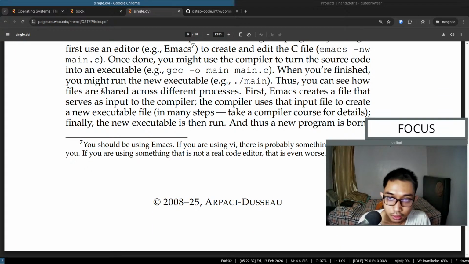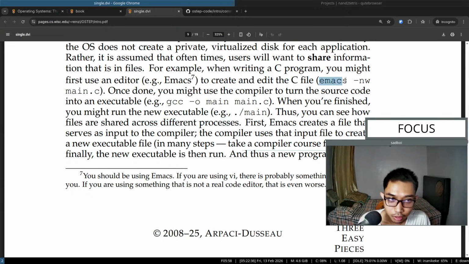So we share it across different processes, the Emacs process and the GCC process, as far as I understand.